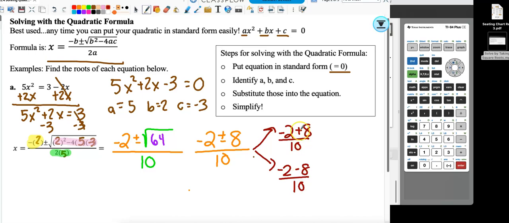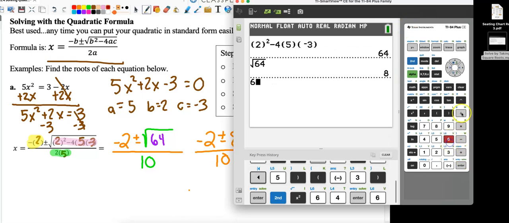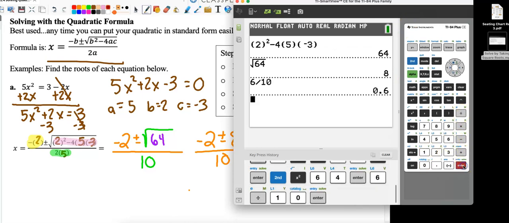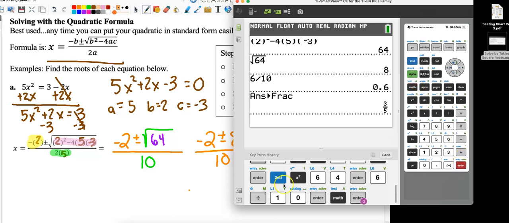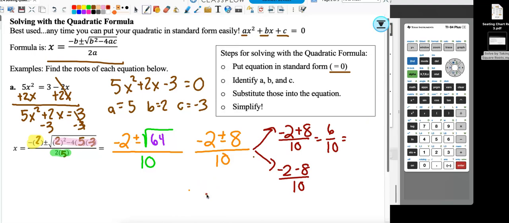And then I would solve it out. Negative 2 plus 8 would be 6 over 10. You can leave it as a decimal if you want, or you can leave it as a fraction. 6 over 10 is 0.6. If you hit math, enter, enter, that is 3/5. So either one would be a correct answer. I'm going to leave it as a fraction.